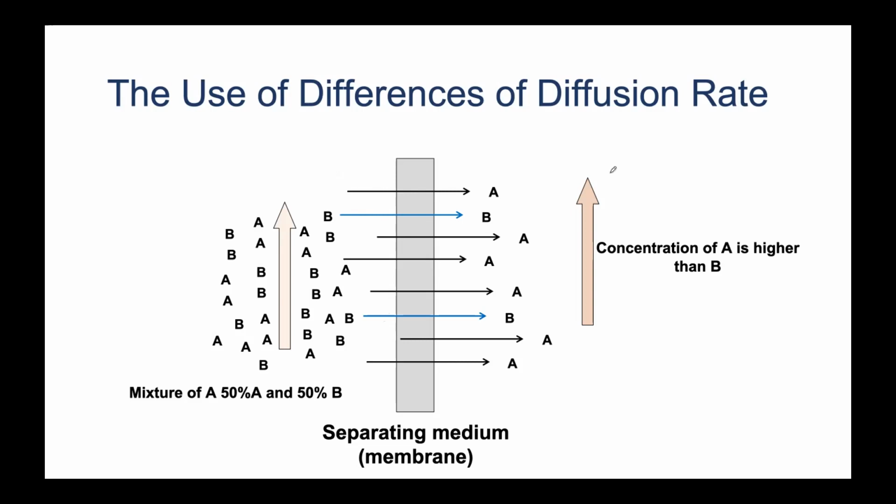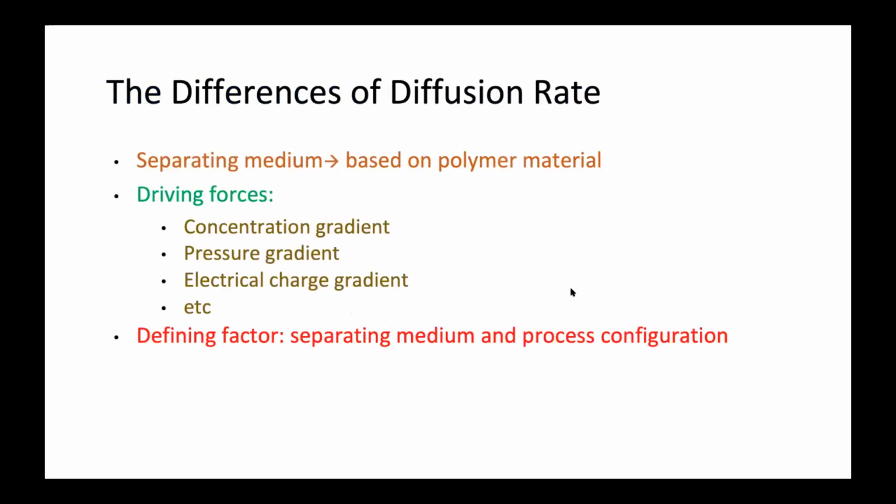Then on this side, you will find the concentration of A is higher than B.